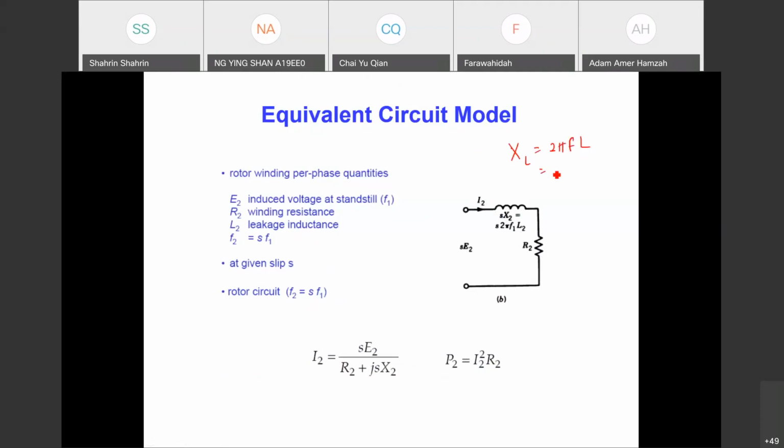Right now your frequency is F2, and you know that F2 is S F1. So that's why we have the slip in XL. And we have R2 here.